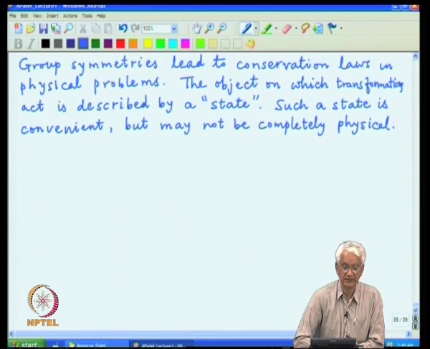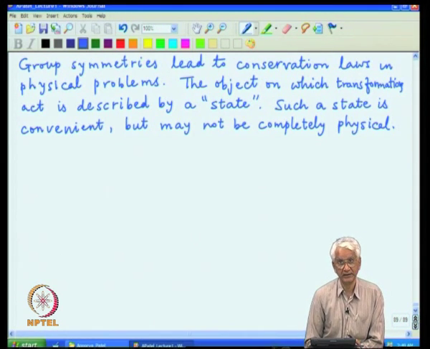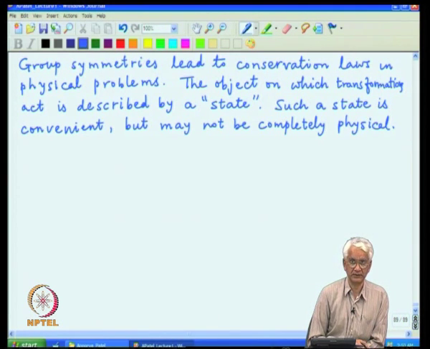A state turns out to be a convenient auxiliary concept which can be added to help mathematically formulate the problem, but at the end it may be filtered out when one is directly dealing with the consequences of group symmetries. So, this much about the general philosophy of the groups.